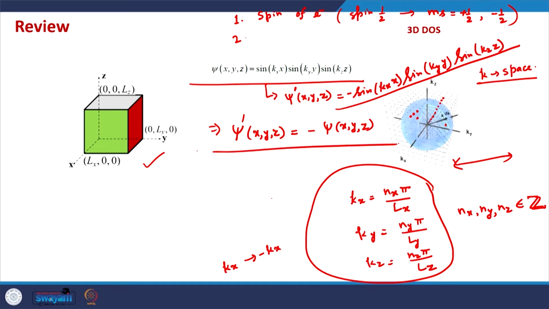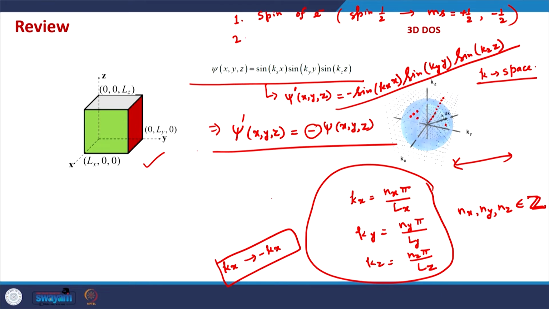So, the wave function will just have a negative sign outside of all the sines and cosines. There will be a global phase introduced if we make a change of sign in kx, ky and kz.